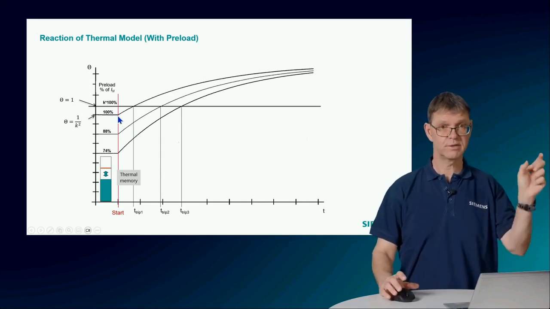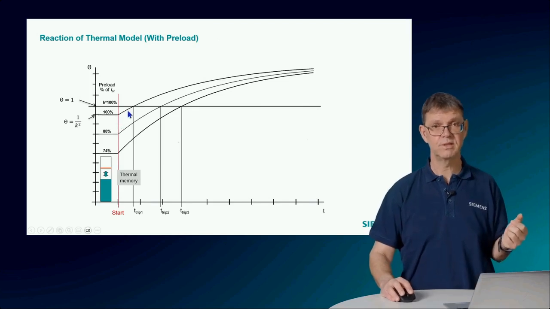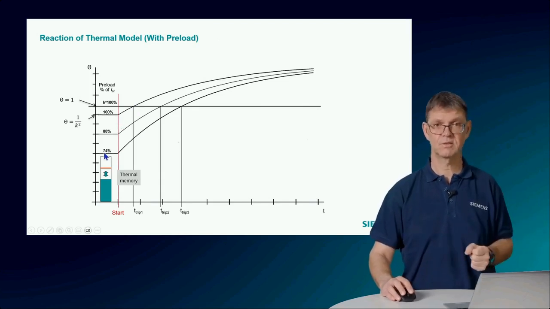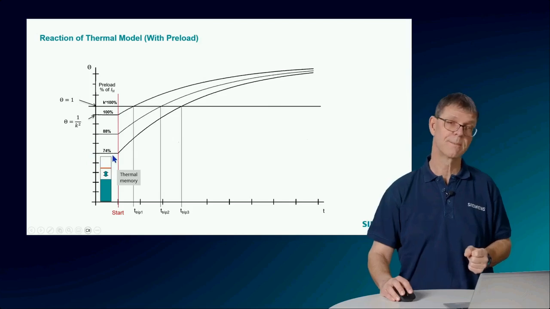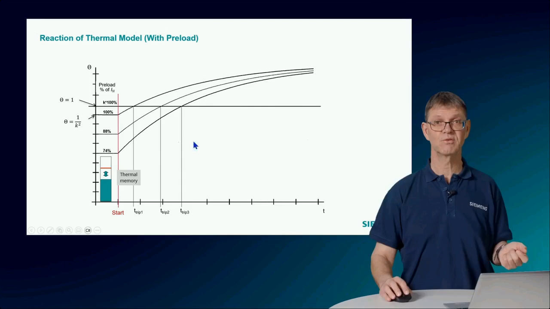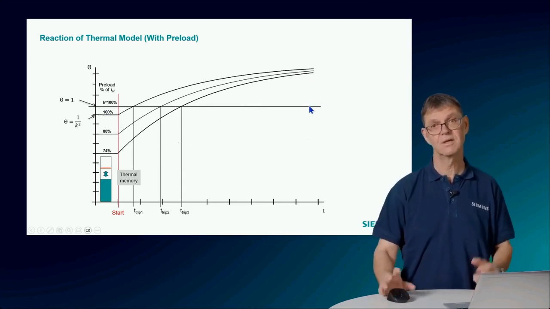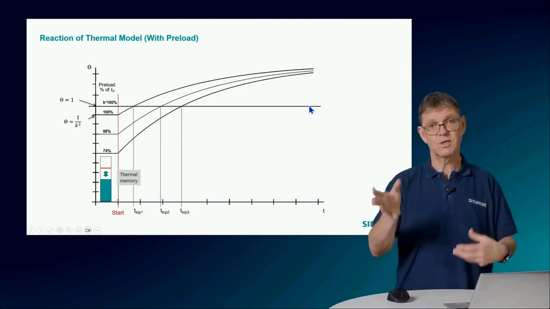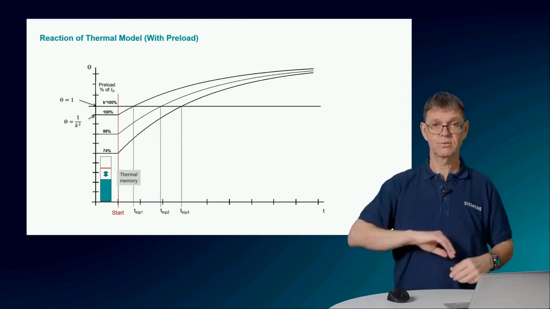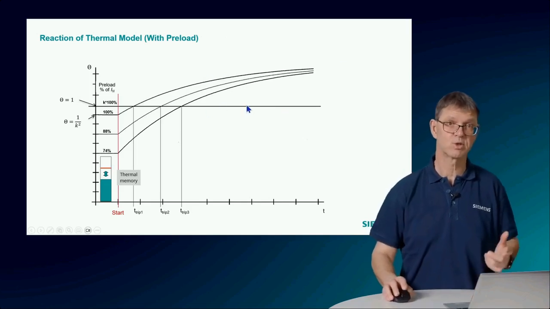So if we have already a high temperature level, then the time to trip from here is faster than if we start from somewhere below. Or if the motor is switched off, then we are maybe around 0. So we have a longer time until we need to give the tripping command. That means there is time for the situation to settle down, and we do not come even close to the maximum temperature here.